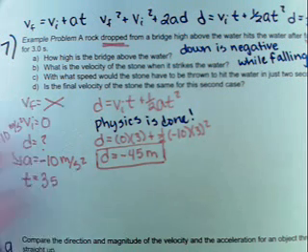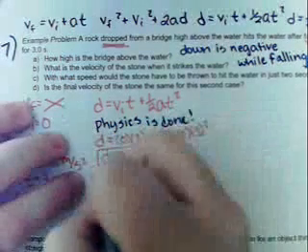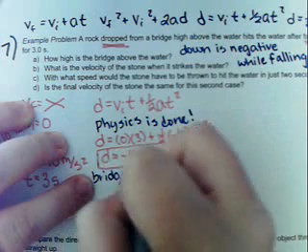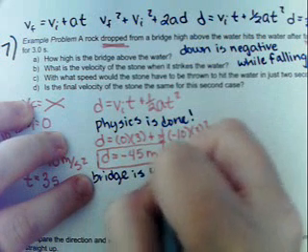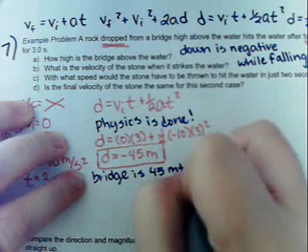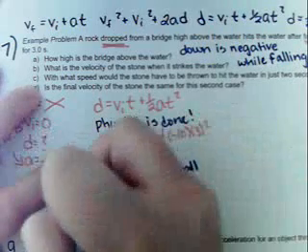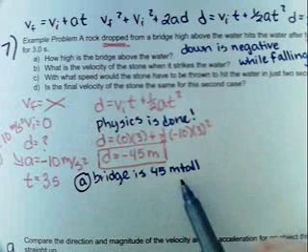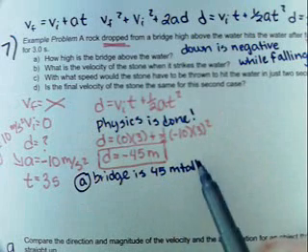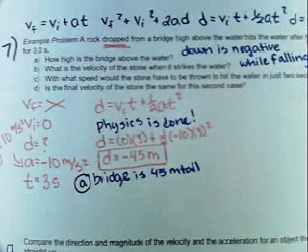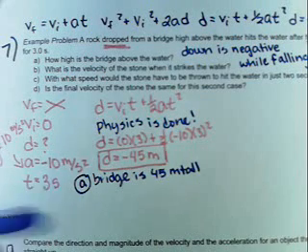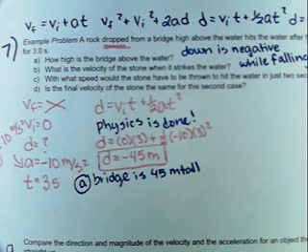So the answer to that would be that the bridge is 45 meters tall. I don't know why I spaced that like entirely wrong. So because of the phrasing of part A, it's a positive answer, but the displacement here should be negative because it's falling downward. It's moving in the downward direction.